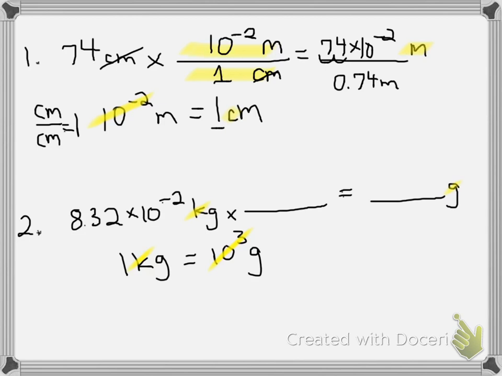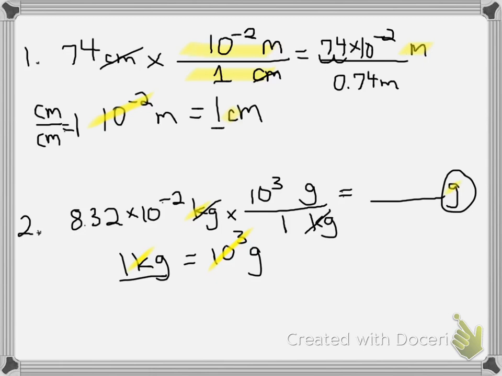So since I have kilograms, I'm going to put that on the bottom in the denominator, so my kilograms cancel out, and I need to convert it into grams, so grams will go in the numerator. Now I have 1 kilogram is equal to 10 to the third grams. So this is how my equivalence factor will look.